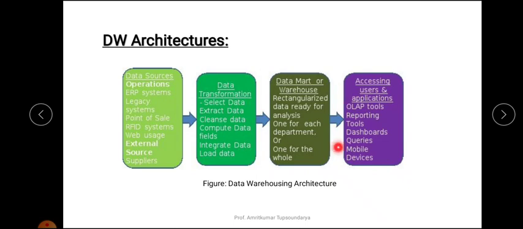Now the fourth element is accessing users and applications, or the data access and analysis part, where the devices and applications use the data available to them from the data warehouse to deliver insights and other benefits to the end users. So these are the 4 basic elements or stages for the data warehousing architecture.